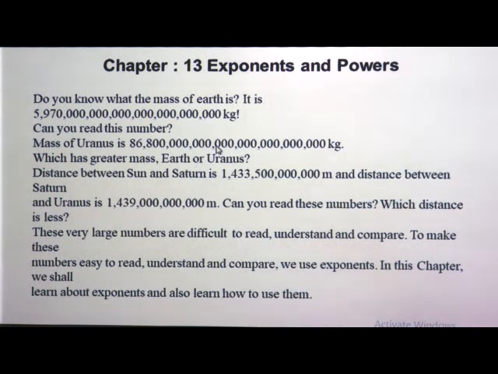Out of these both, the masses are given to us of Earth and Uranus, which is greater? So, the distance between Sun and Saturn is given to us in meters, and the distance between Saturn and Uranus is given to us in meters.